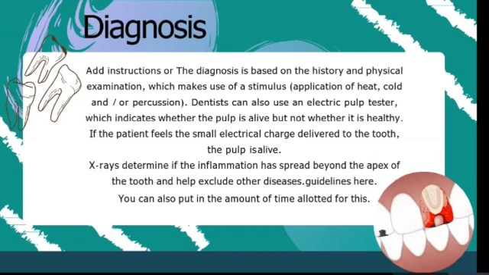Dentists can also use an electric pulp tester, which indicates whether the pulp is alive but not whether it is healthy. If the patient feels the small electrical charge delivered to the tooth, the pulp is alive. X-rays determine if the inflammation has spread beyond the apex of the tooth and help exclude other diseases.